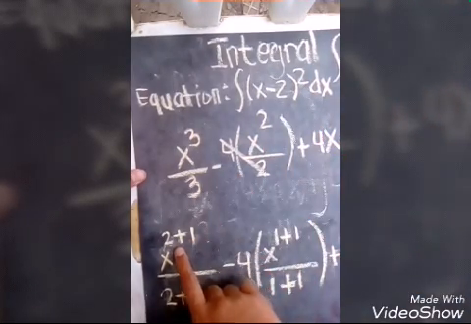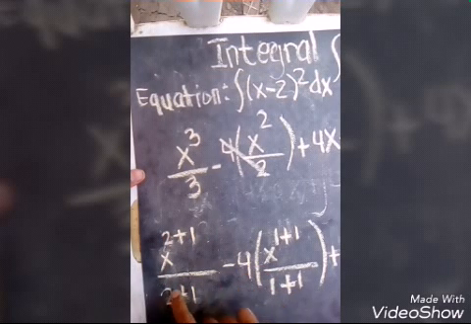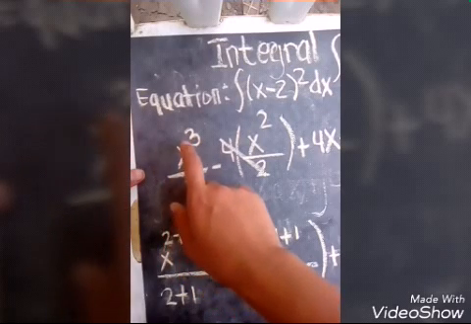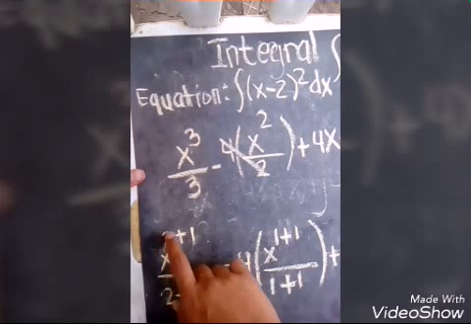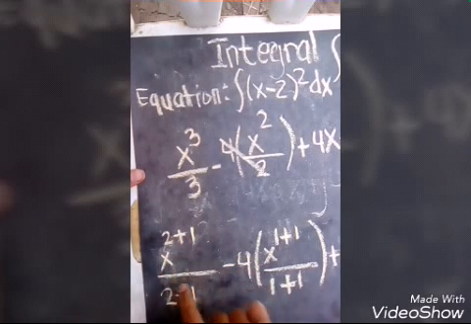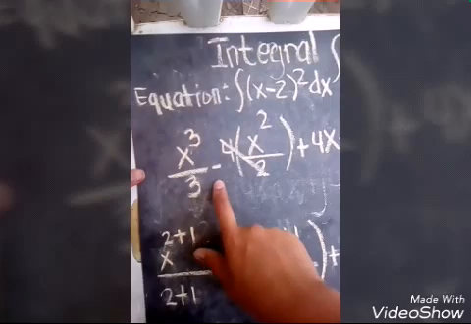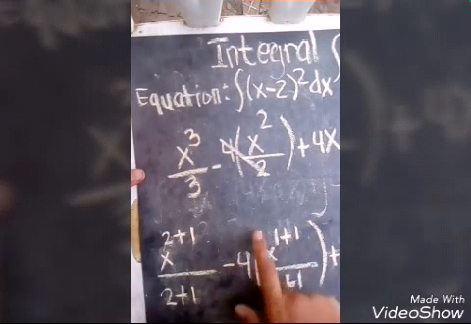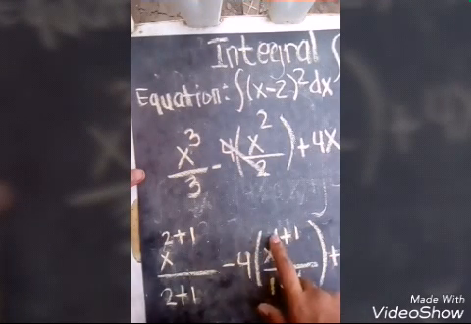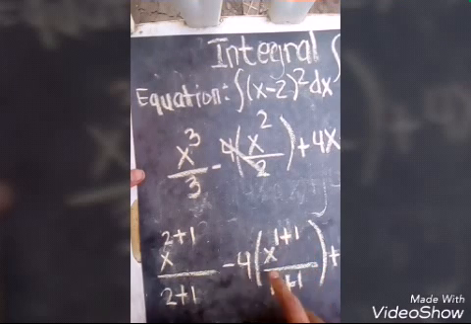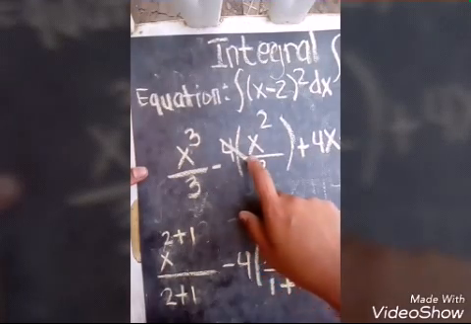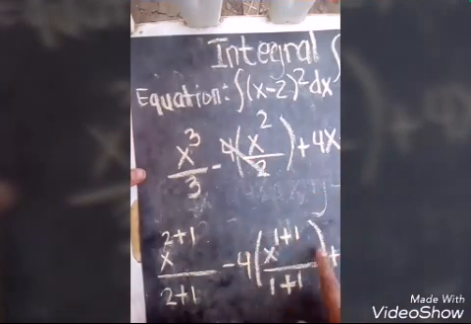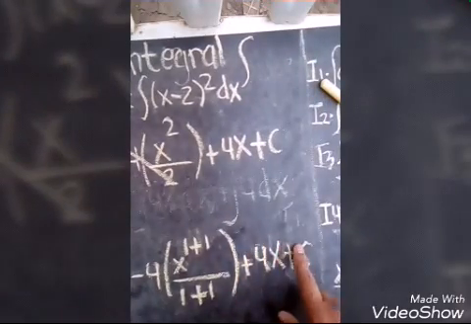So in this equation, x to the 2 plus 1 over 2 plus 1 gives x cubed over 3, minus 4 times x to 1 plus 1 over 1 plus 1. So x would become x squared over 2, plus 4x plus c, copy only.